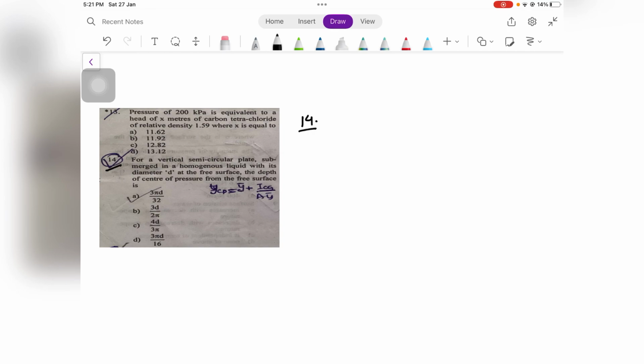So we have a semicircular plate whose diameter is just at the free surface of the liquid in which it is submerged. Let us say that this pointer indicates the free surface.